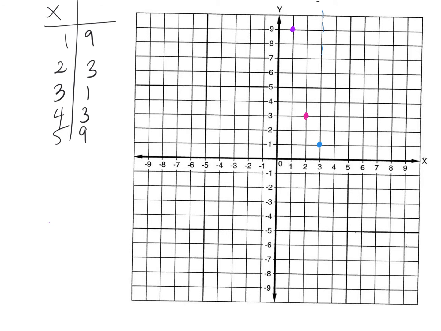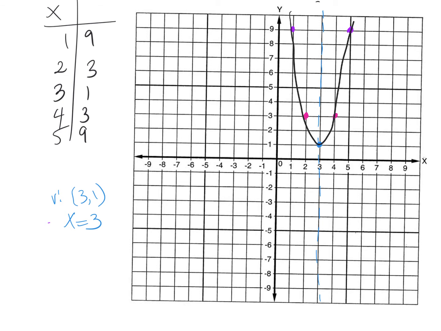Remember, there's my axis of symmetry that goes through the vertex, and that equation is x equals 3. The vertex is 3, 1, and I can reflect these points on the other side. That's what I mean by doing it just on the graph. They're 2 away from the vertex.